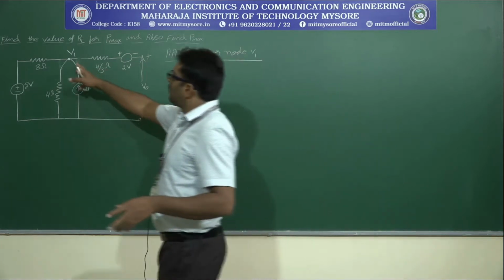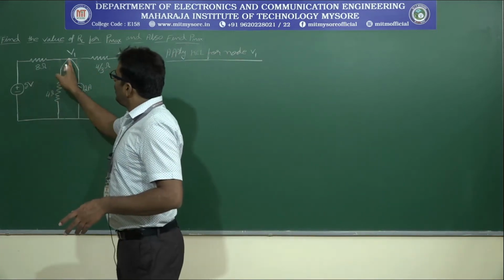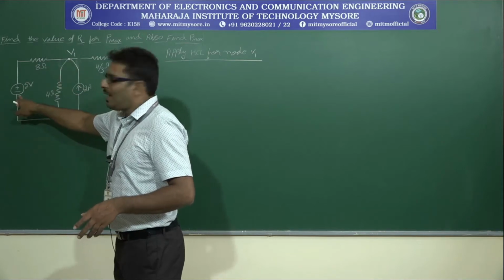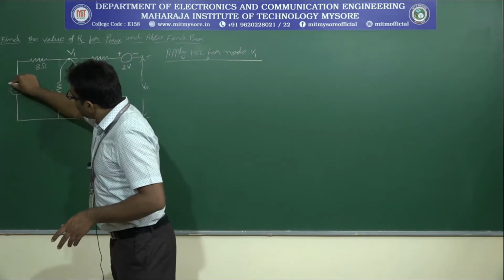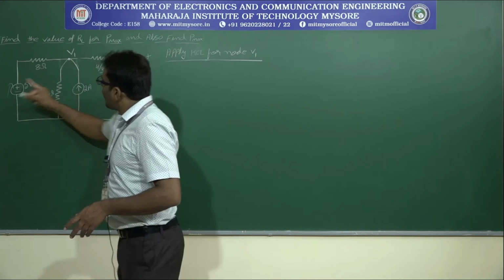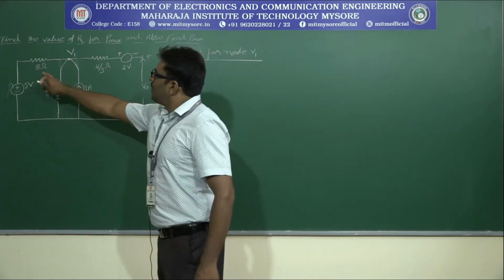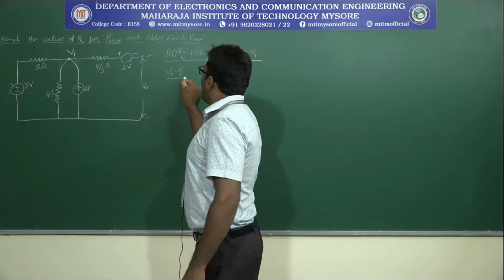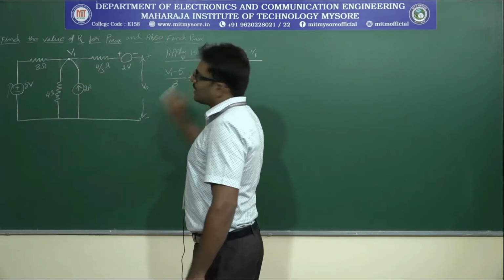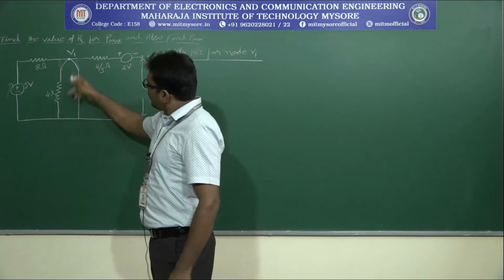How to apply KCL for this node? In this branch, what is the current? According to this polarity, it supplies the current upward, right? Therefore, V1 minus 5 divided by the resistance value, 8.